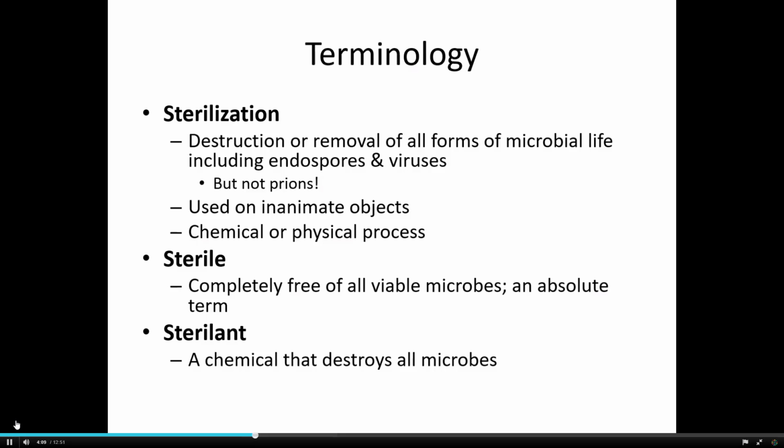So why is it that we can get away with having objects called sterile if there may be prions on them? And the answer to that question is that human diseases that are caused by prions are so rare that from a public health perspective, there's a very low risk in continuing with these processes for sterilization that don't in fact inactivate prions.